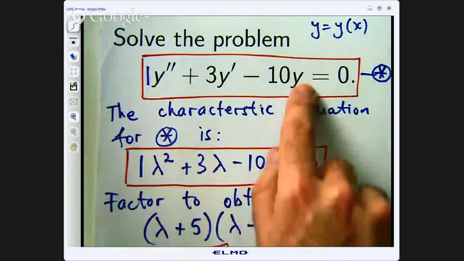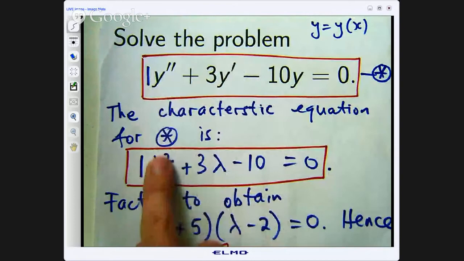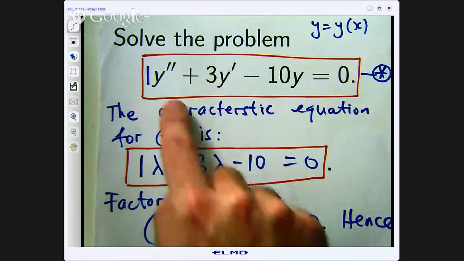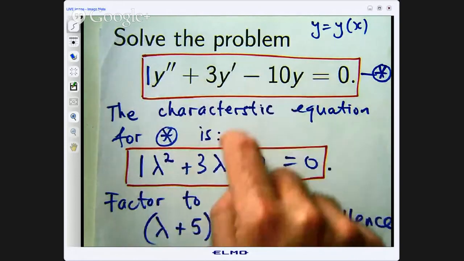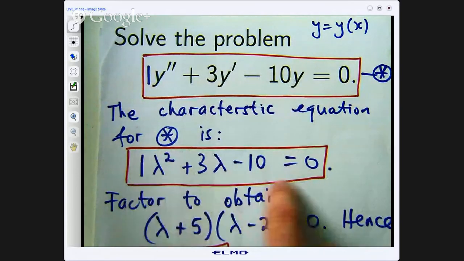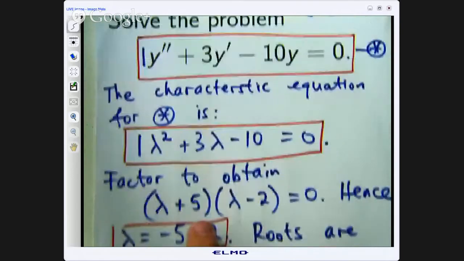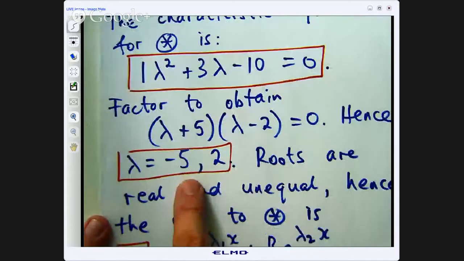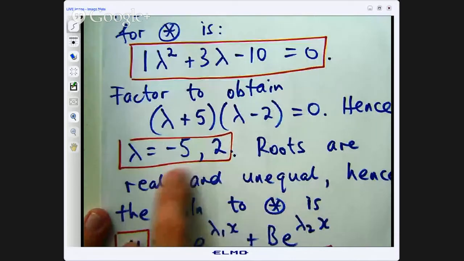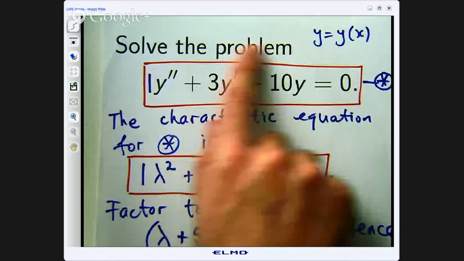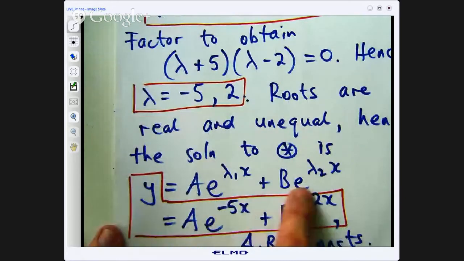To solve this basic problem, we write down a corresponding characteristic equation, using the coefficients associated with the y, y prime and y double prime. We look at this algebraic equation and we solve it, and we look at the style of the roots. In this case, the roots were both real numbers, and not equal to each other.